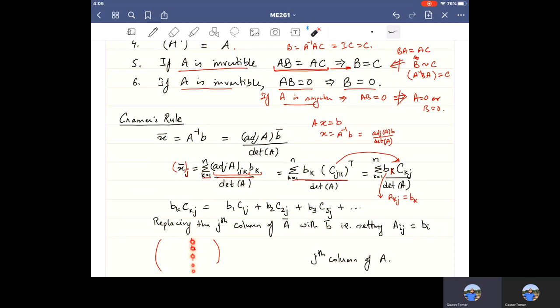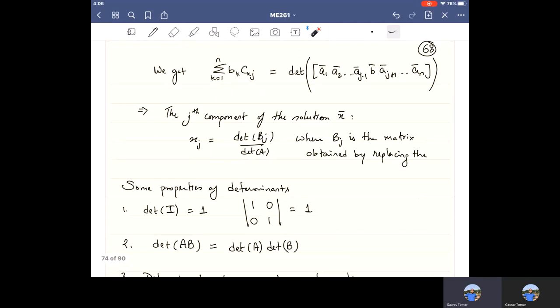So that essentially gives you the determinant of a matrix with the jth column replaced by column b, correct? So the summation bk Ckj is nothing but the determinant of A with the jth column replaced by b.